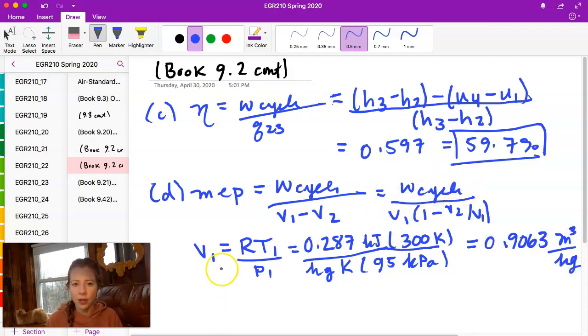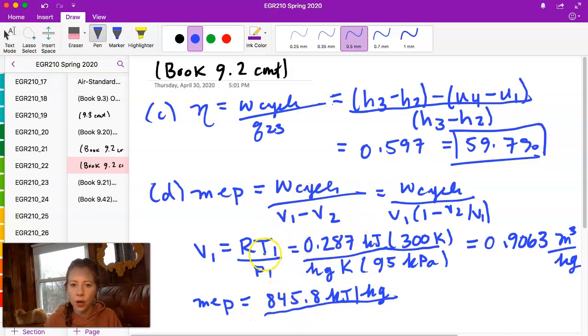All right, and so now we can just plug that in. So MEP is going to equal our W cycle, which is going to be 845.8 kilojoules per kilogram, and that's just this numerator up here, divided by V1, which was 0.9063 meters cubed per kilogram, times 1 minus V2 over V1, which is going to be the reciprocal of r.